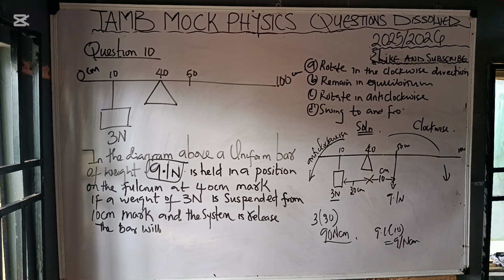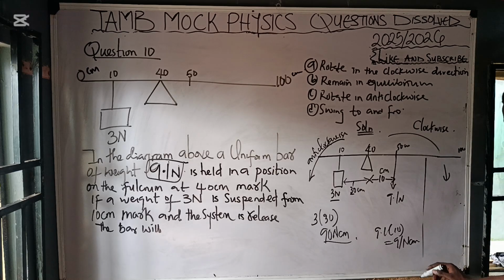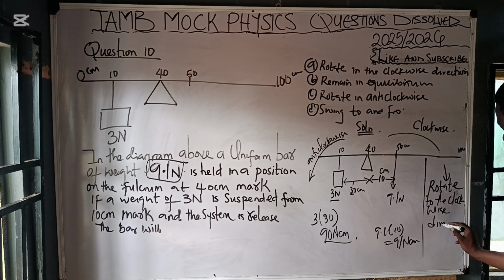So if you look very well, you discover that the clockwise is 91, but the anti-clockwise is 90. So that means it will rotate in the clockwise direction. Why is it rotating in the clockwise direction? Because the clockwise moment is greater than the anti-clockwise moment.